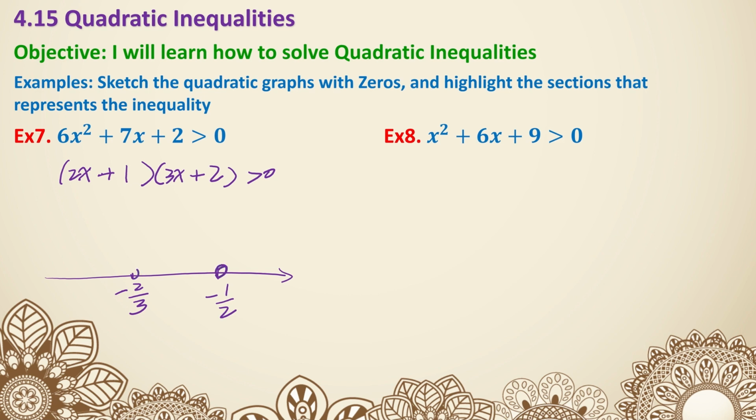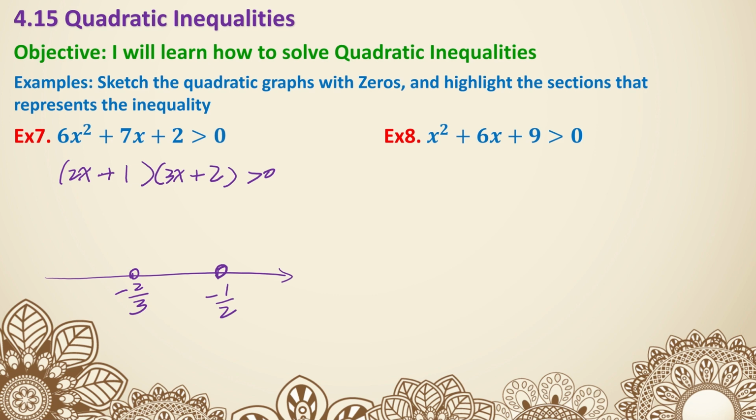Open circle on both. Be careful. Make sure you understand that negative 2/3 is less than negative 1/2. 2/3 is actually bigger than 1/2, but since they're negative, negative 2/3 is on the left, and negative 1/2 is on the right.